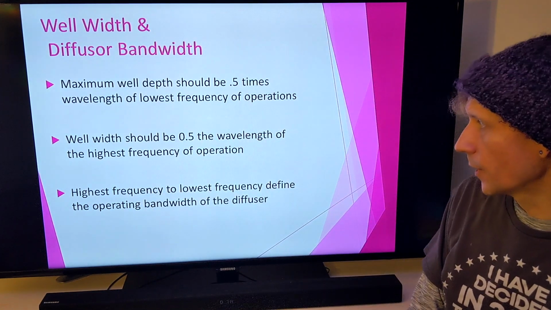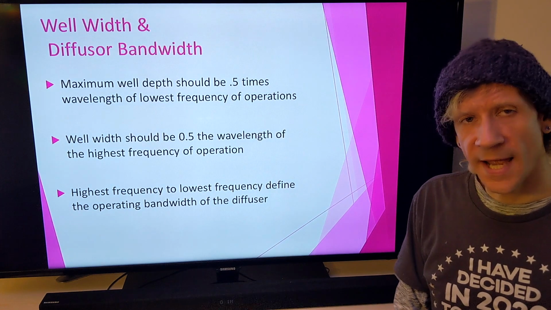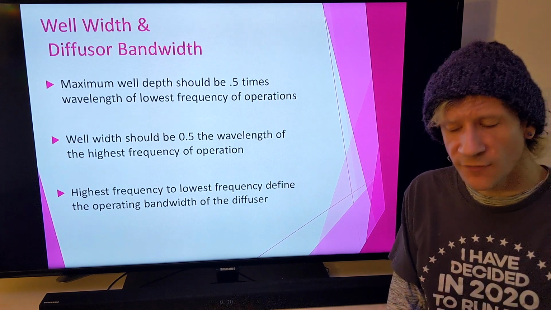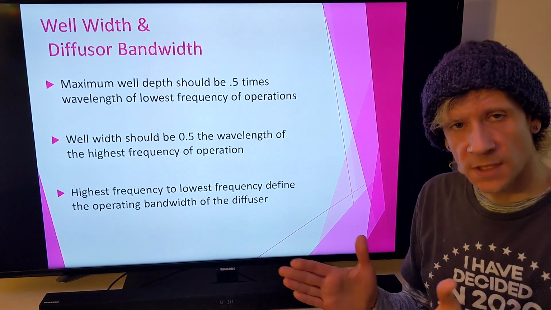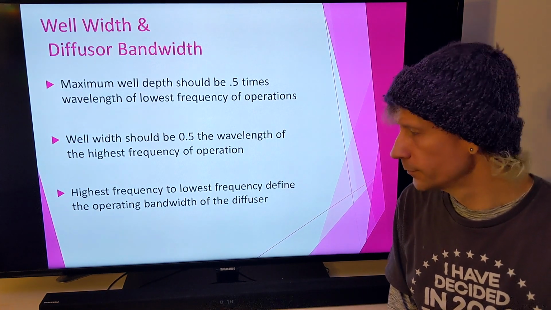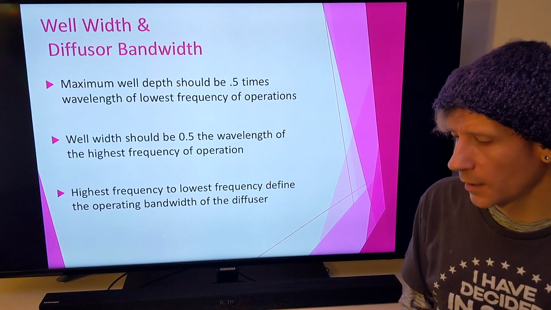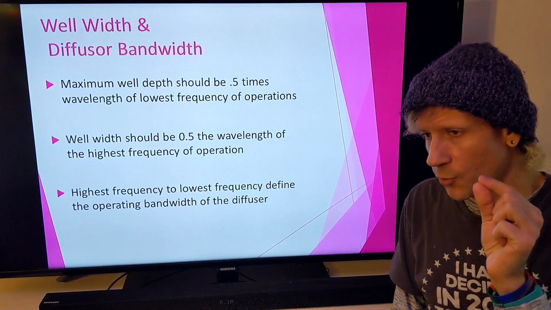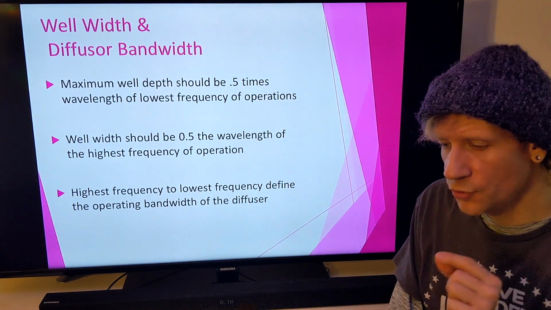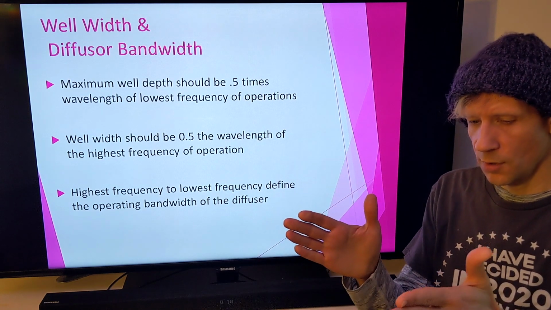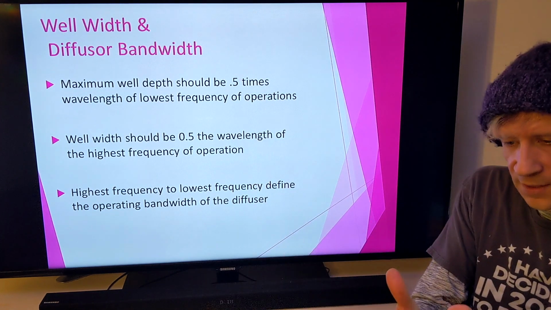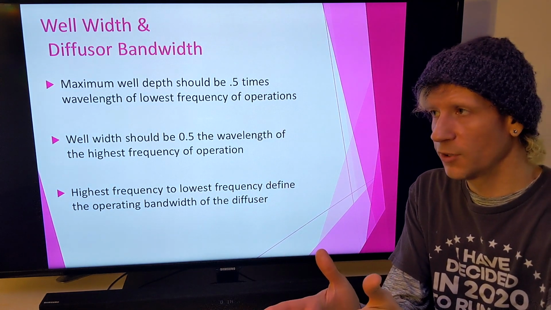The well width should be 0.5 the wavelength, half the wavelength of the highest frequency of operation. So if you want a diffuser that goes very high and is effective at diffusing high frequencies, then we need an increasingly narrower well width. Let's do some quick math. If we want to effectively diffuse 4K, and a 1K tone is 1 foot, a 2K tone is half a foot, a 4K tone would be 3 inches, right?